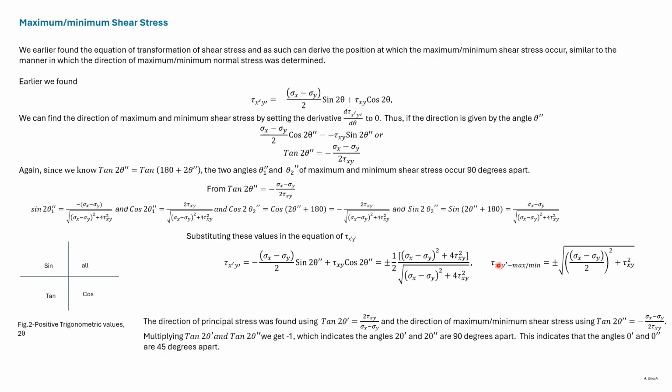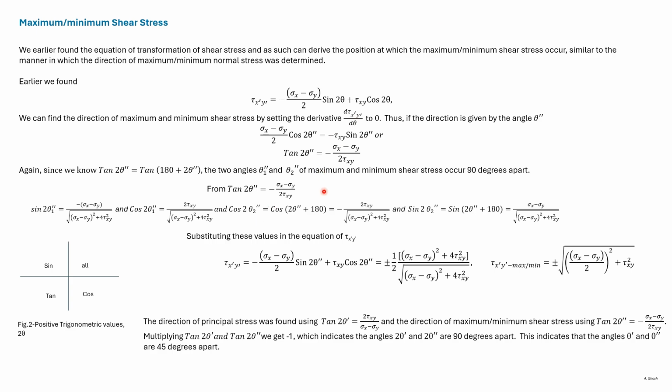So we have tau x dash y dash maximum with the positive sign corresponding to theta double dash 1, and tau x dash y dash minimum with the negative sign corresponding to theta double dash 2.